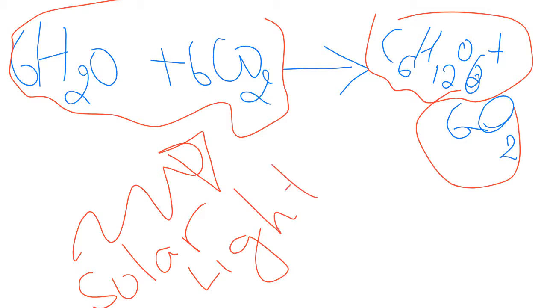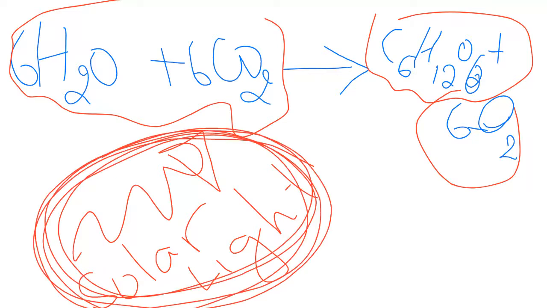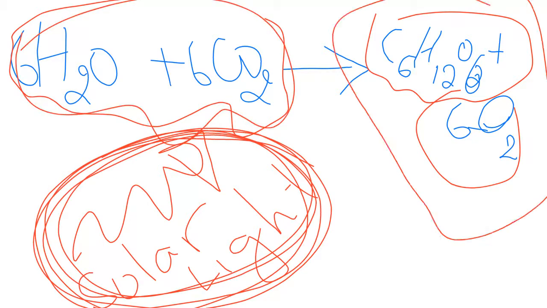So in other words, the plants are able to convert solar light, use it with the water and CO2 to produce an organic molecule, to produce the fuel of life. The fuel of life. This is what we animals use.